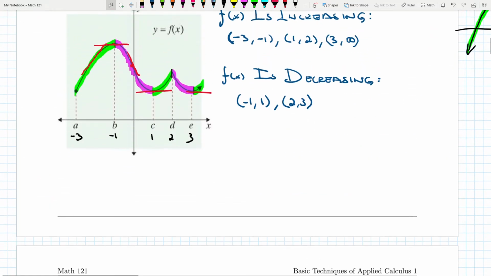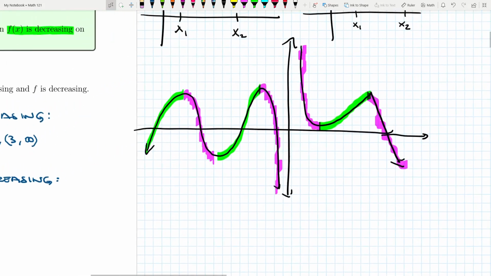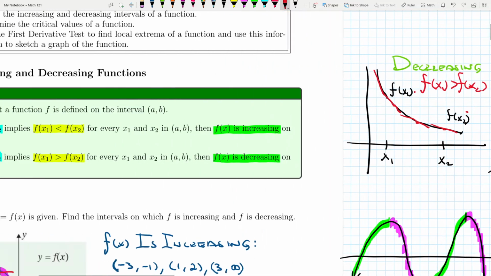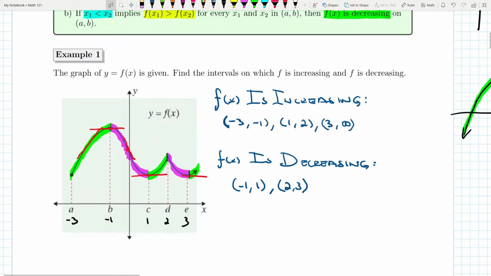Again, let's go with the graphs over here. In an increasing graph, see how the slope of the tangent is positive all the time, as opposed to the slopes for the decreasing graph, which in this case are negative. Okay, so that's the counterpart of this definition.